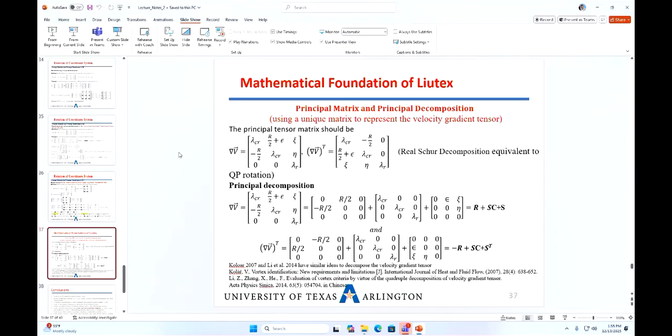Be careful, I'll talk more. This shear is not Navier-Stokes shear. Navier-Stokes shear is symmetric. This shear is non-symmetric. I will explain a little more why we use this non-symmetric shear. It's different from the Navier-Stokes equations. So this rotation we don't have in the Navier-Stokes equation.